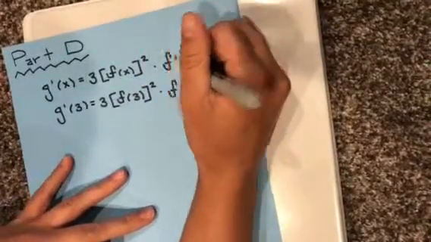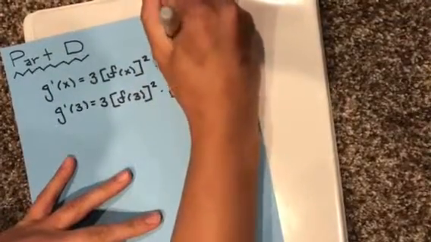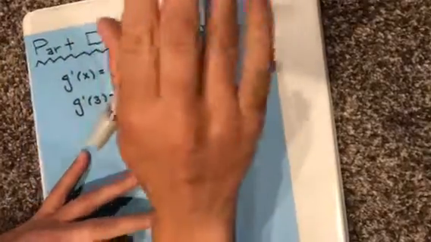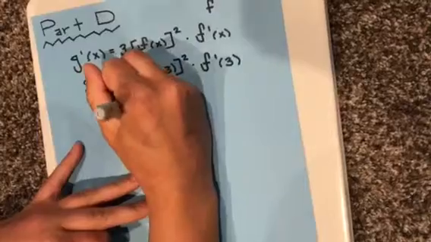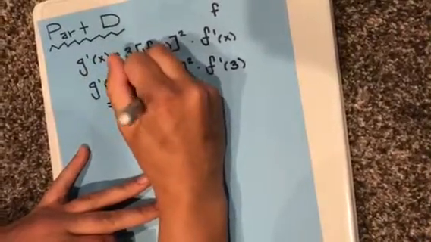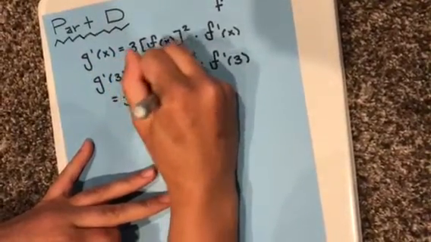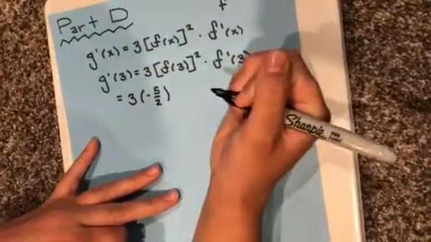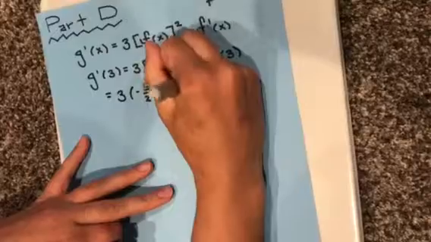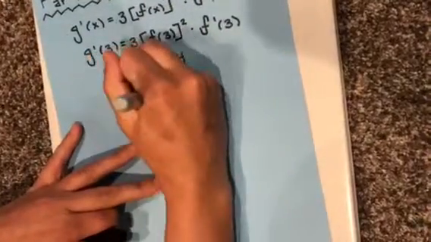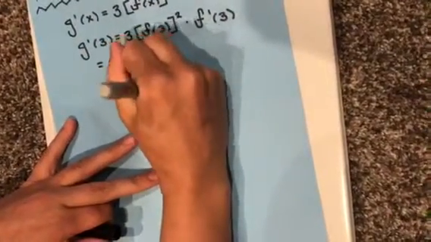Yes, this is an f. I know I did it like this before, but this is an f. I am sorry to the audience. So then you can show a simplified version of your answer: g prime of 3 equals 3 times negative 5/2 squared times 4. This can all then be simplified to 75.